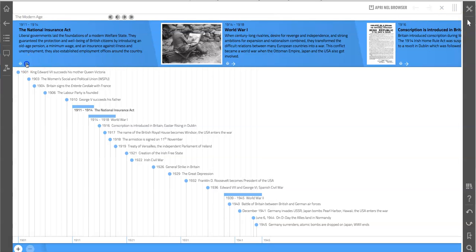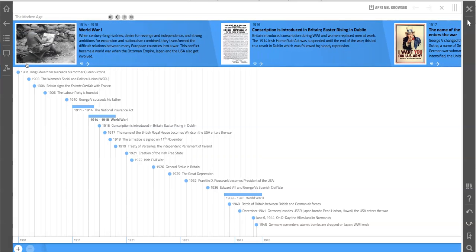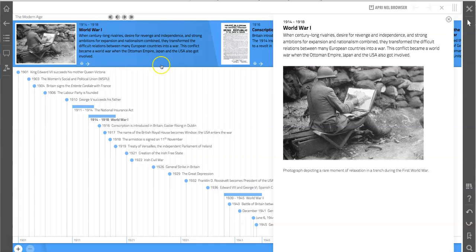And now we come to the outbreak of World War I. Okay, we have very long rivalries between the European countries, and there was a great desire for revenge and independence.